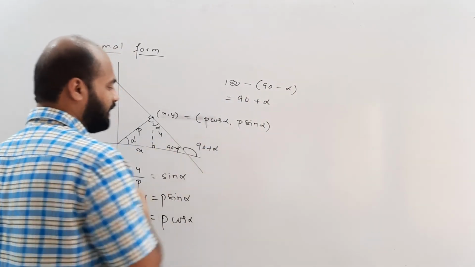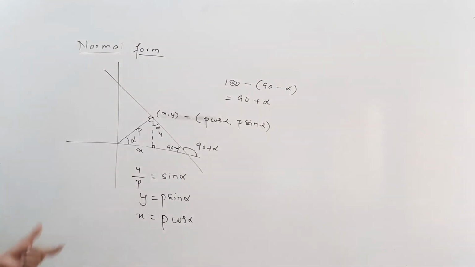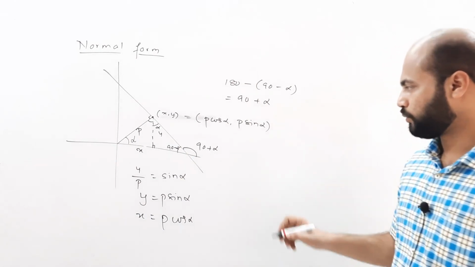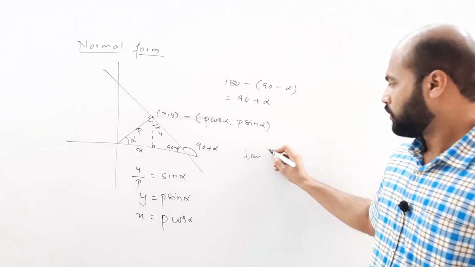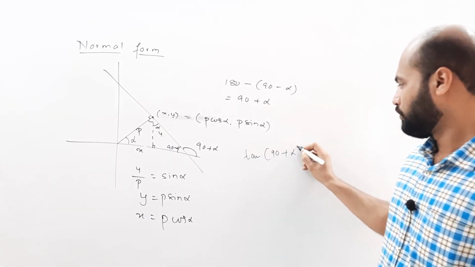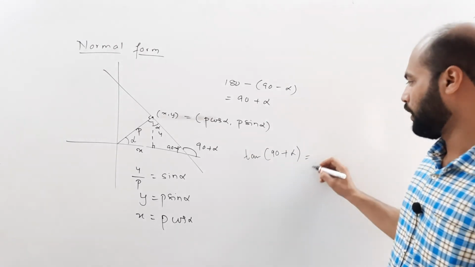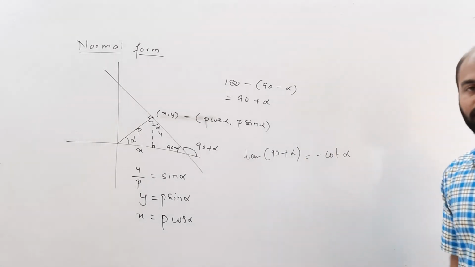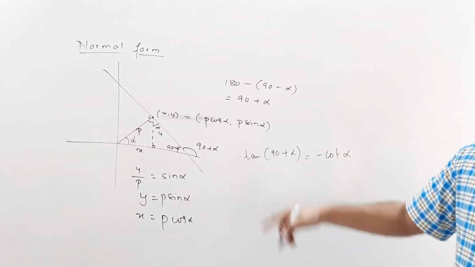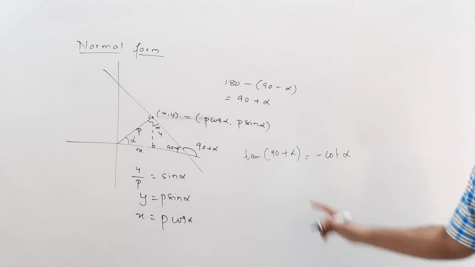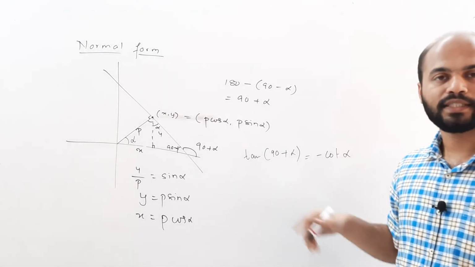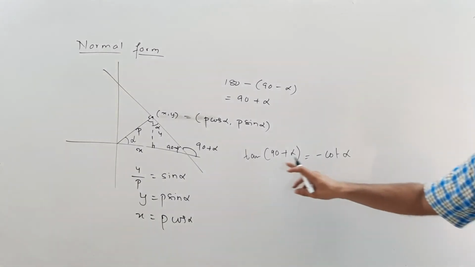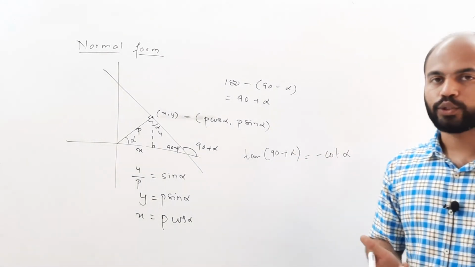So this angle is 90 plus alpha, and we can write the equation of this line now because we got the slope also. So tan of 90 plus alpha is going to be minus cot alpha, simply because this is 90 and it is in the second quadrant. Whenever, in trigonometry, the angle is 90 or an odd multiple of 90, the ratio changes to its complementary ratio.